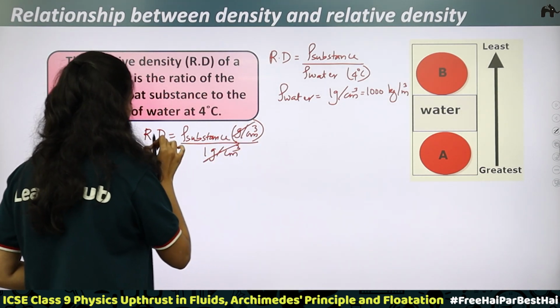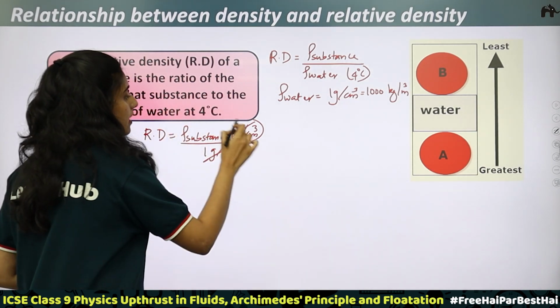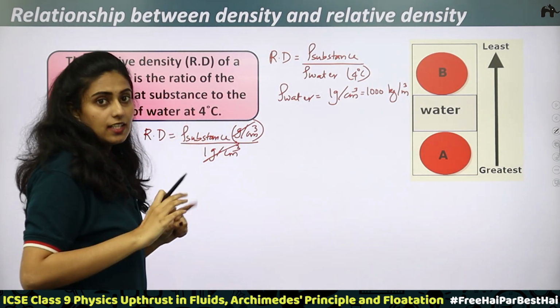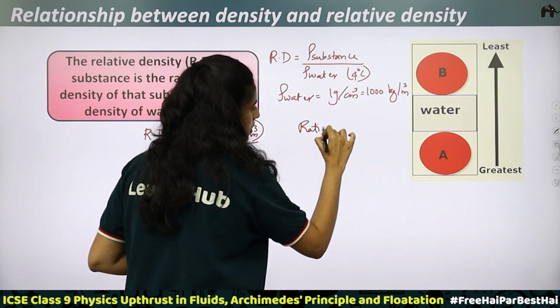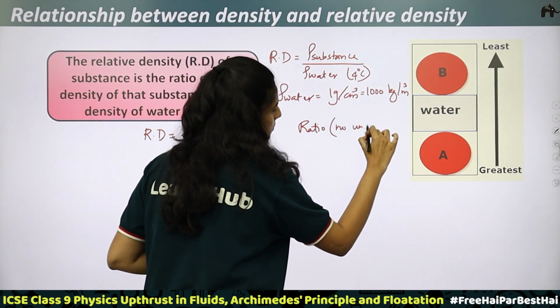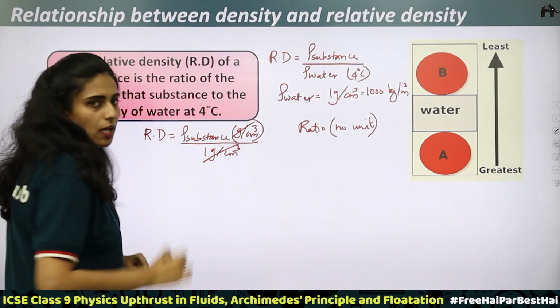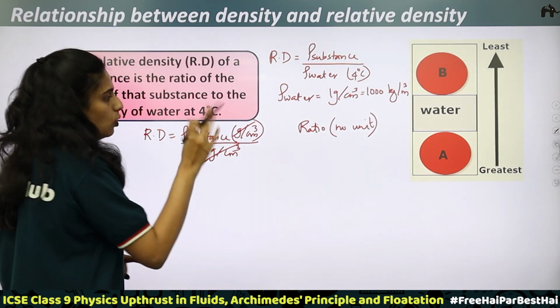So, you will get relative density equal to density of the substance when the unit is gram per centimeter cube. From this you will understand that the relative density is a ratio. Since it is a ratio, there is no unit. You have seen that here I have cancelled gram per centimeter cube and gram per centimeter cube. So relative density is a quantity which has no unit.